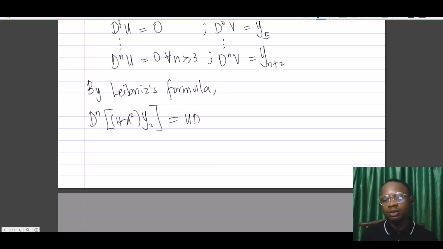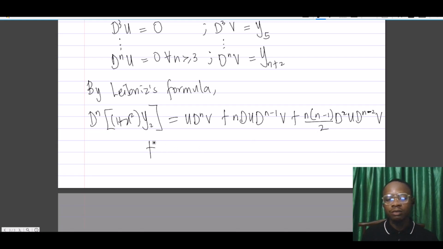This will be u the n v plus n into u' the n minus 1 v, then plus n into n minus 1 over 2, then u'' the n minus 2 v.